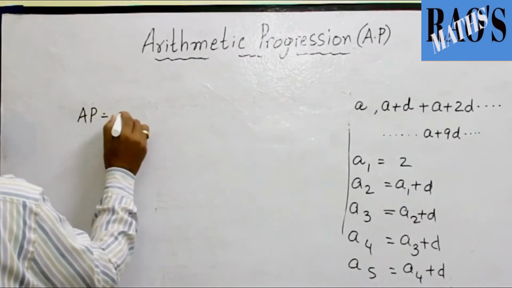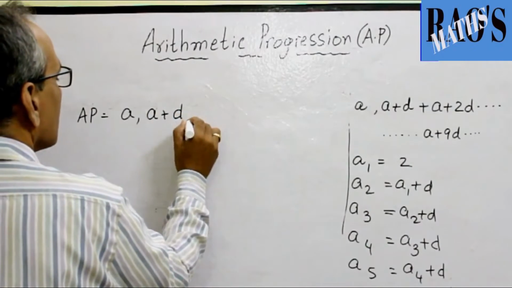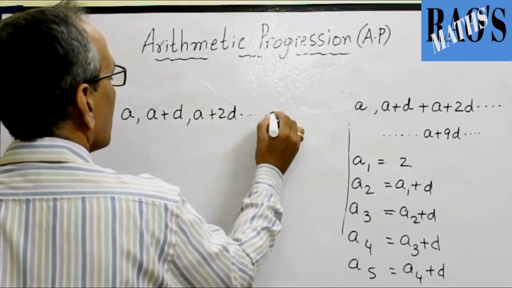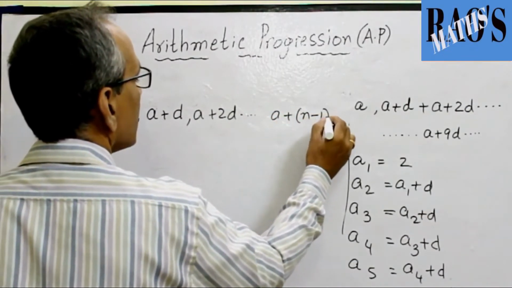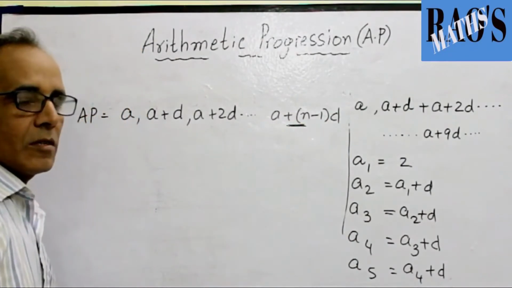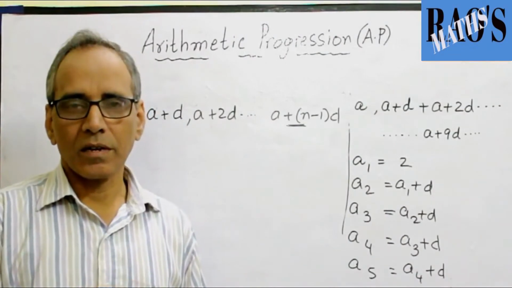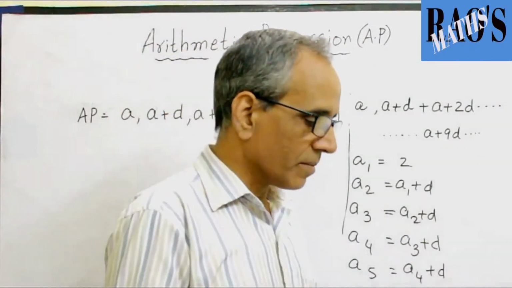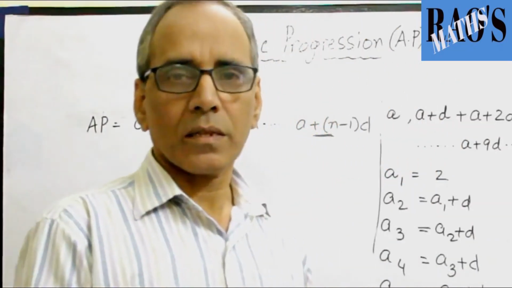So the AP is A, A plus D, A plus 2D, till A plus (n minus 1)D, which is the nth term. So by using this series we can find any number, or we can find the required number in the series. Let's see how. Or we can find whether the series is an AP or not.